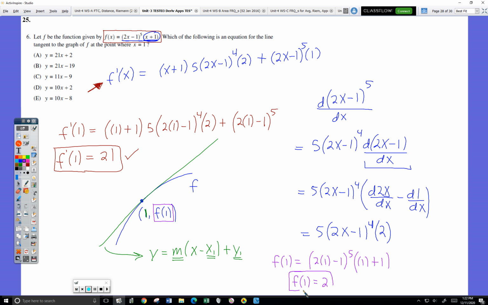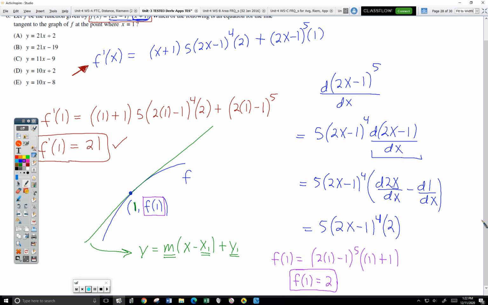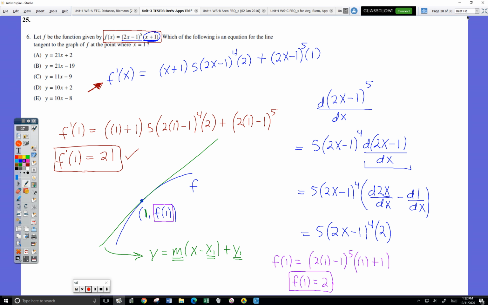So now what do you do, Jake? Well, then I was confused because it didn't match any of the values, and I already said y equals that. So I wasn't sure what to do. Nate? Then you go back to your y equals m times x minus x1 plus y1. So then you put in your slope for f.